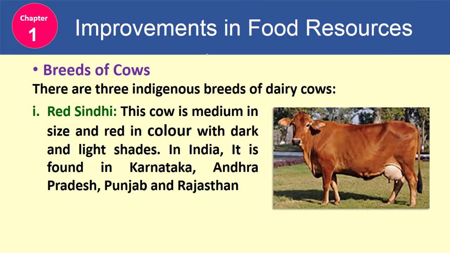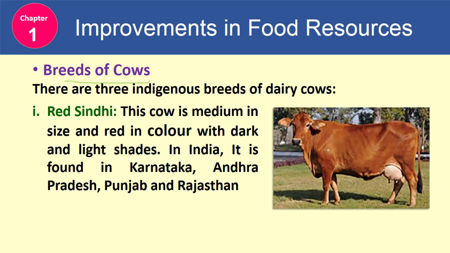Now we will learn about breeds of cows. There are 3 indigenous breeds of dairy cows in India. We will discuss it one by one. So first is Red Sindhi. This cow is medium in size and red in color with dark and light shades.